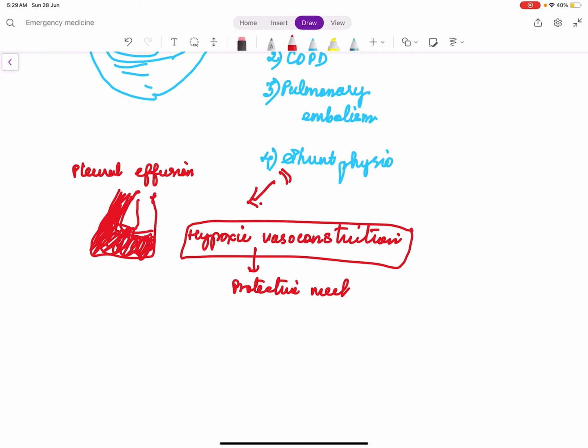So why is this a protective mechanism? When some problem like a lung collapse or effusion compressing the lung occurs, part of the alveoli become collapsed. So those places are not receiving oxygen. When oxygen is not there, but blood flow alone occurs, it is actually a shunt, right?